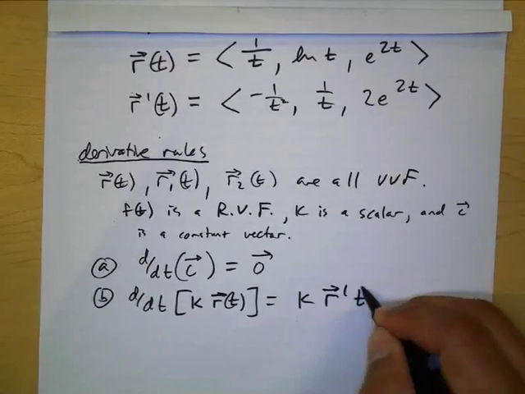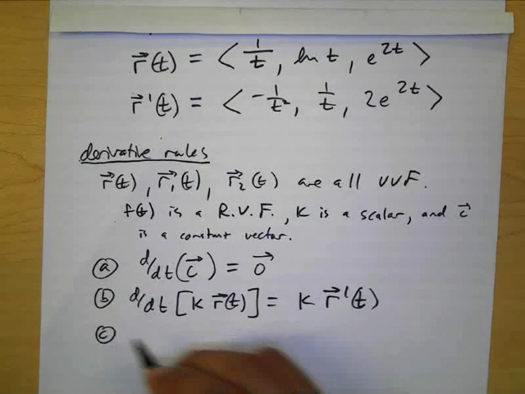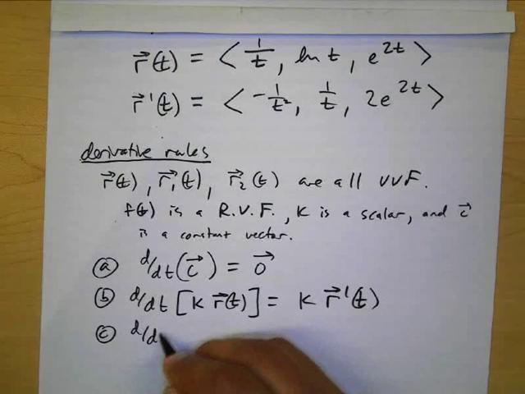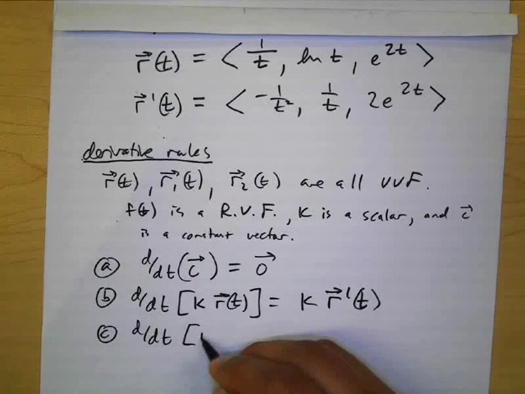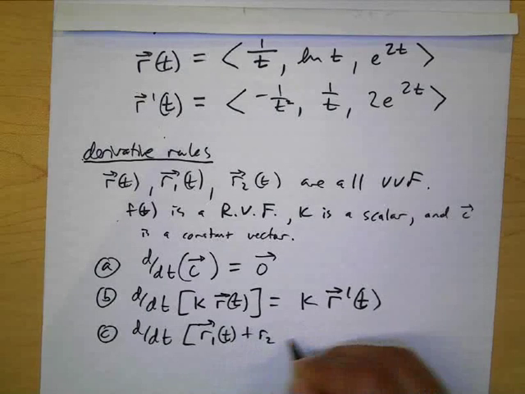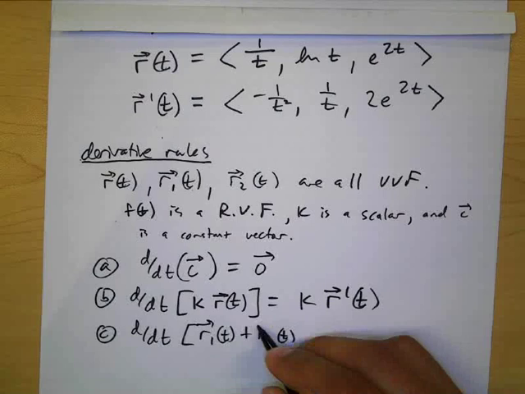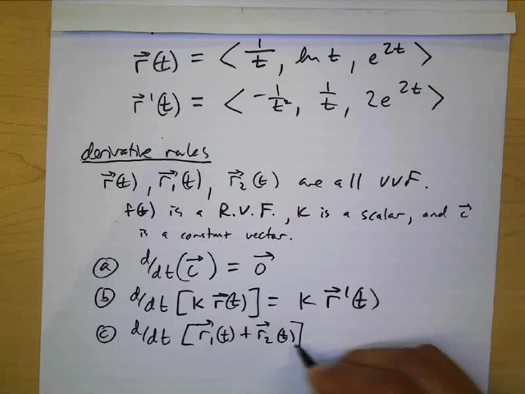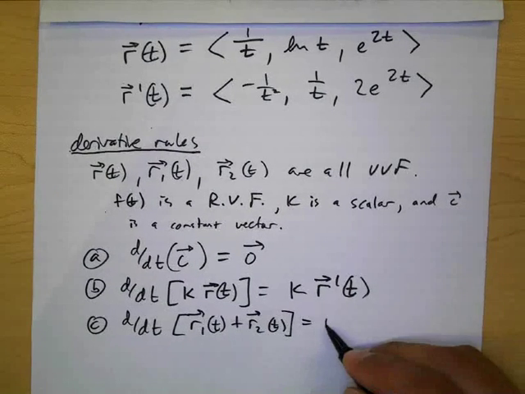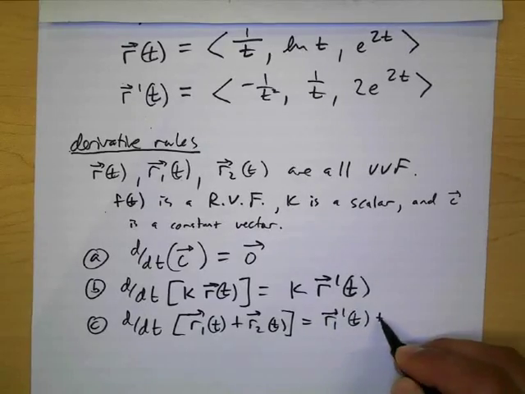Good. If you take the derivative of the sum of two vector valued functions, that one's easy. It's just the derivatives of each added up.